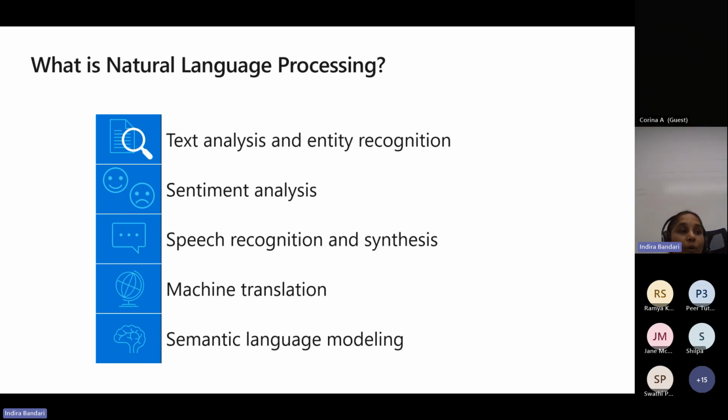Okay. So what is semantic language modeling? For example, language can be very complex, right? I can say one sentence in many different ways. One thing is, I want to find out where the closest petrol station is.